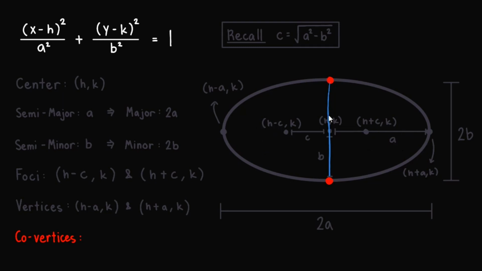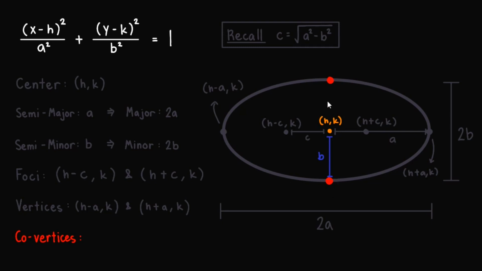So it is along the y-axis. So given the center, and taking note that we have here this length, the length of the semi-minor axis, which again is obtainable since we have b in the equation, we can now obtain the co-vertices.